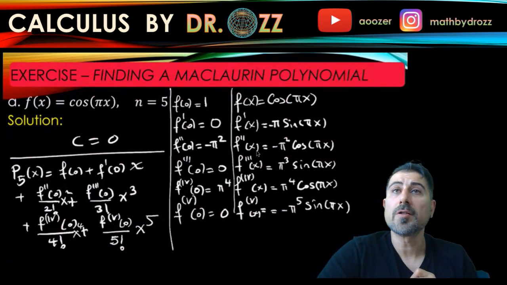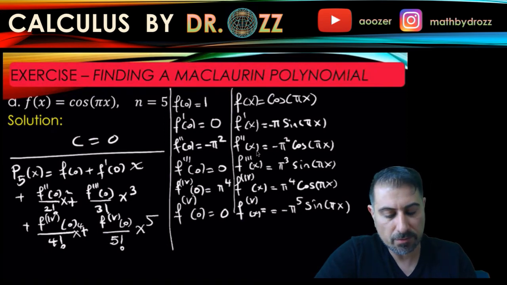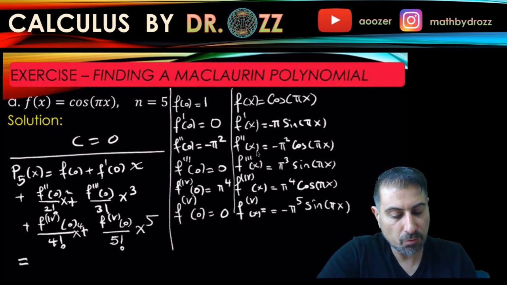From this moment on, I'm just going to plug in those values. So here we go. F of 0 equals 1. Well, f prime of 0 equals 0.